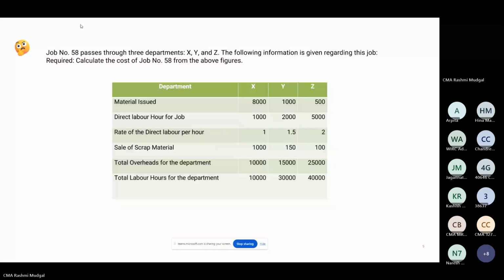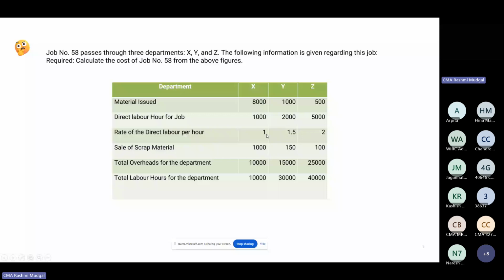First, material, direct labor hours for the job. 1,000 hours have been spent over this job. Rate of the direct labor hour is ₹1.